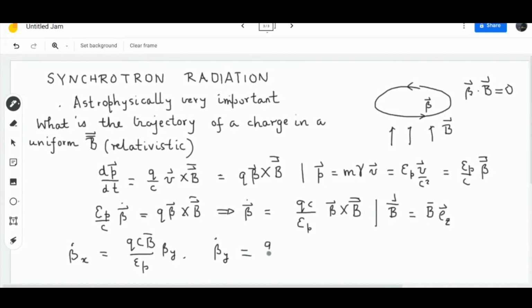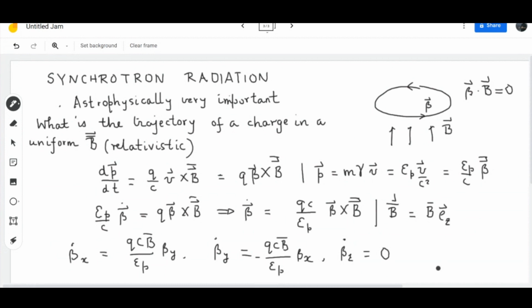It's again QC B bar by E, minus beta X. Is that correct or not? If there's no objection, I must assume that it is correct. And beta Z dot, what is beta Z dot? Obviously 0.